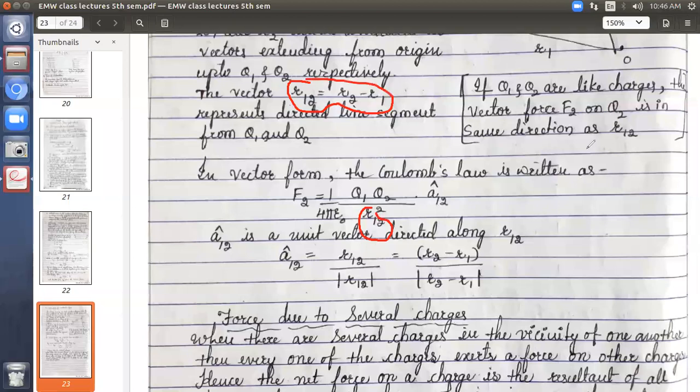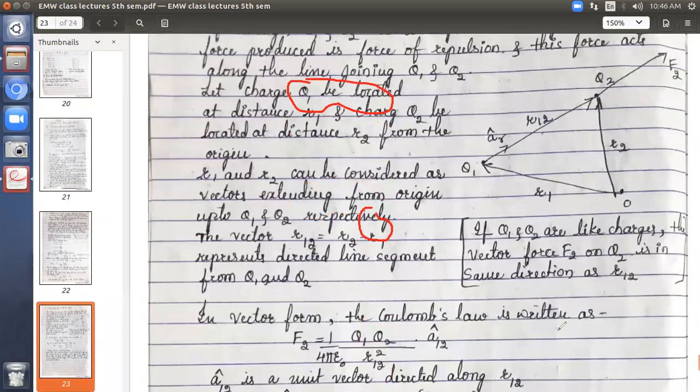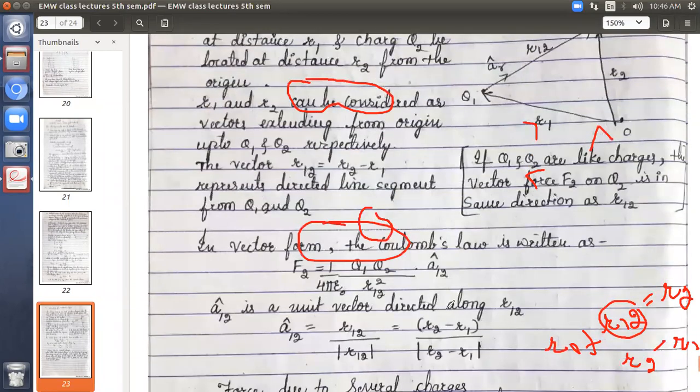How? From this triangle, R1 plus R12, both are in continuous direction. This is the opposite direction, which is equal to R2. So R12 will be equal to R2 minus R1. That's what is written here. The same thing we will use.